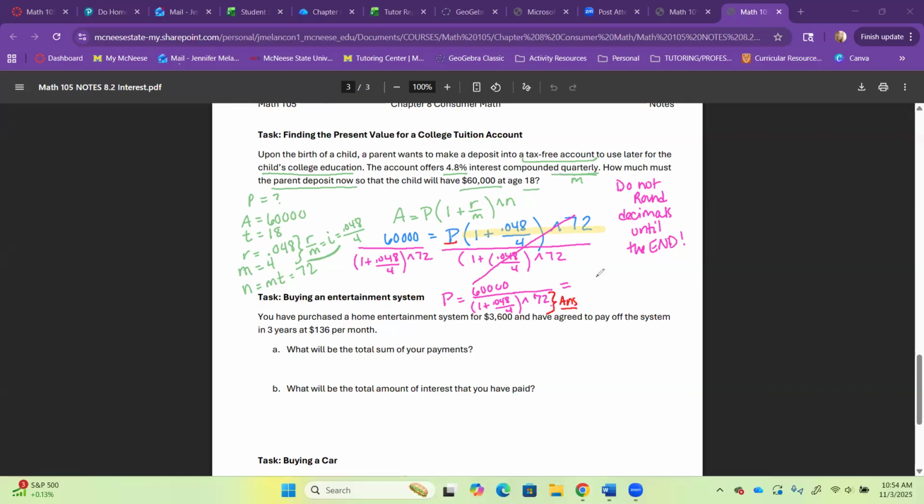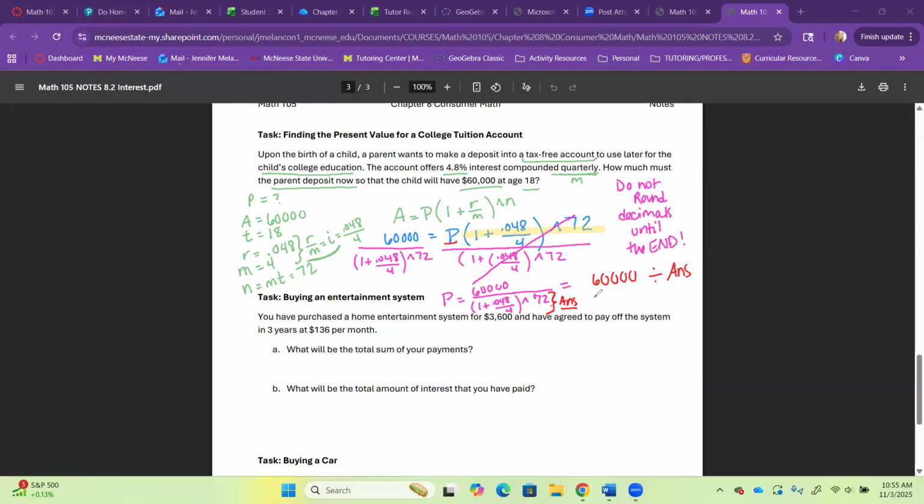So I'm just going to leave that alone and type in 60,000 divided by my last answer. There may be a shift key on your calculator where the answer is just under one of the buttons, or it may have an answer key, but you'll have to look at your particular calculator to see how that works. When I do that, it recaptures that answer so that I don't have to type it in again and I don't lose any of the decimals.